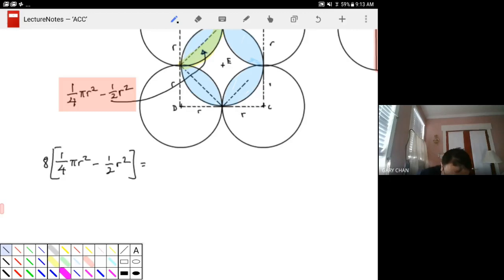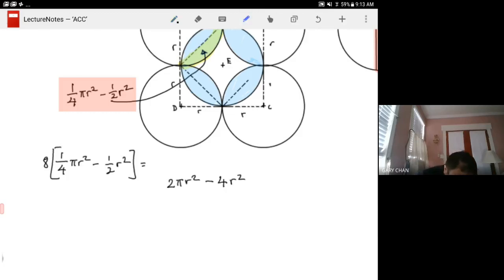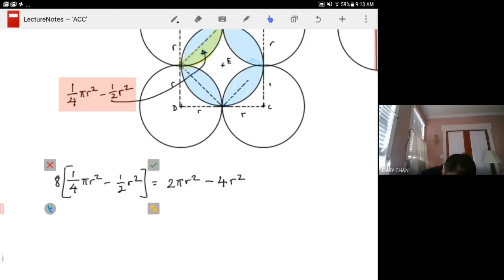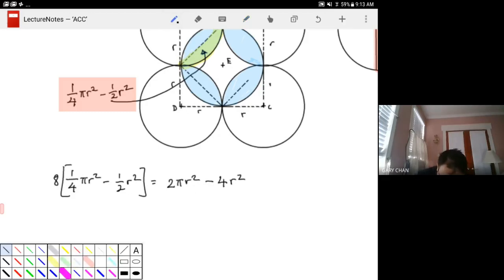What I'm allowed to do right now is distribute the 8, and I'm going to be left with 2 pi r squared minus 4 r squared. Just to make it look a little nicer, is there a common factor between 2 pi r squared and 4 r squared?